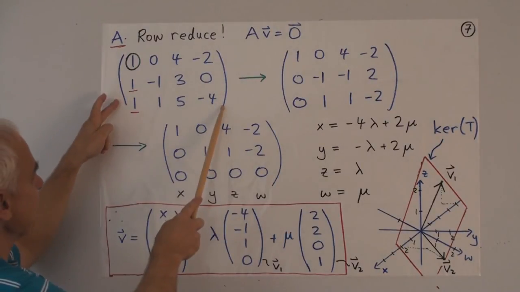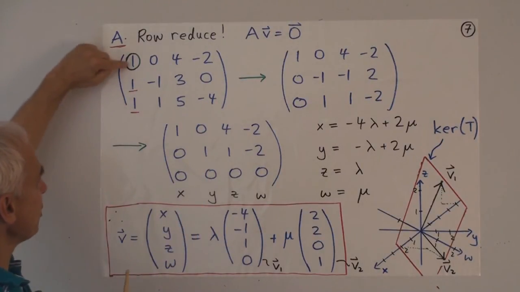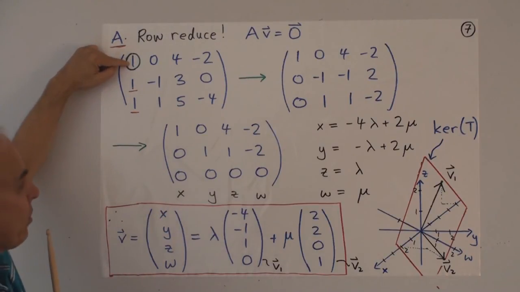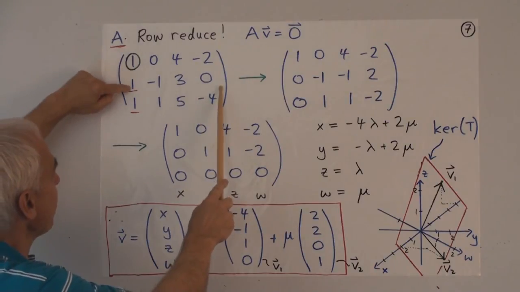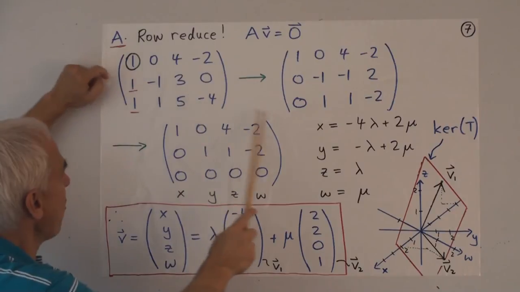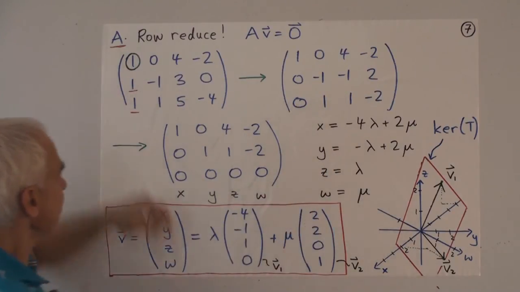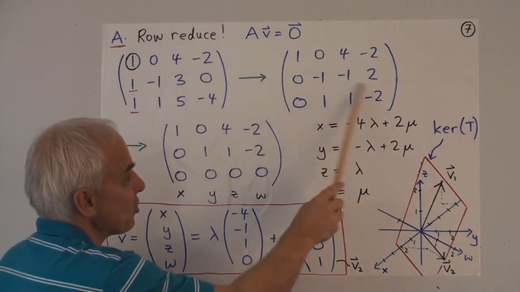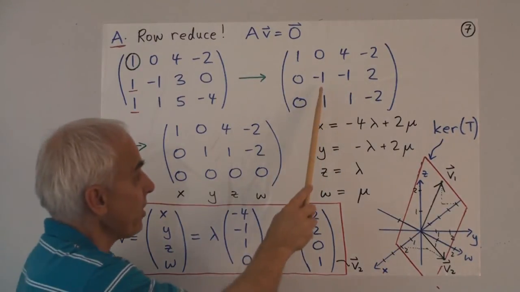There's our matrix A. We're going to row reduce, use the first entry there as a pivot entry or a leading entry to get rid of the ones below it. So we take row 2 and we subtract row 1, and we take row 3 and we subtract row 1, and we get these two. And from here we might multiply this second row by -1 to make that a 1.